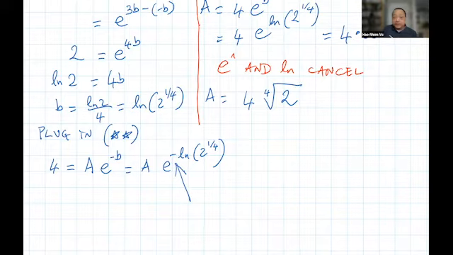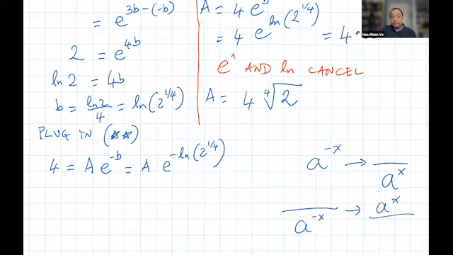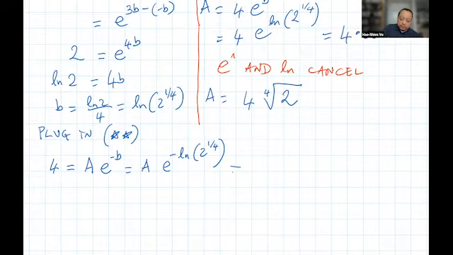I'm going to rewrite this negative power as a denominator. So remember, if you have a to the negative x, then it becomes a to the x in the denominator. If you have a to the negative x in the denominator, it becomes a to the x in the numerator. A divided by e to the ln of 2 to the 1/4.